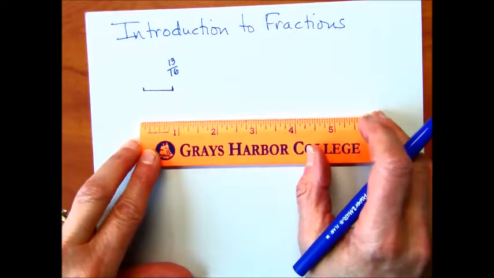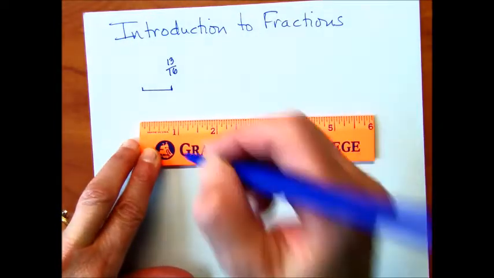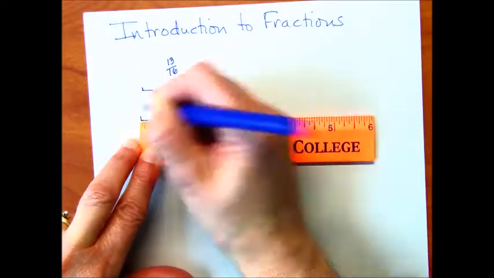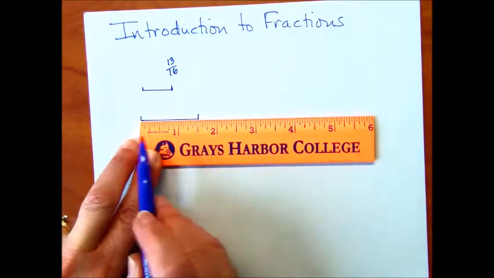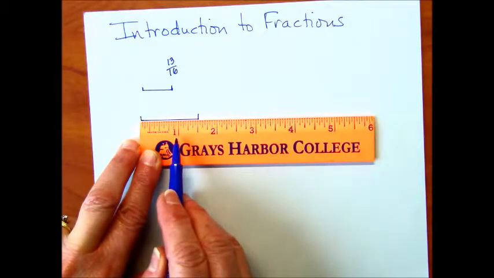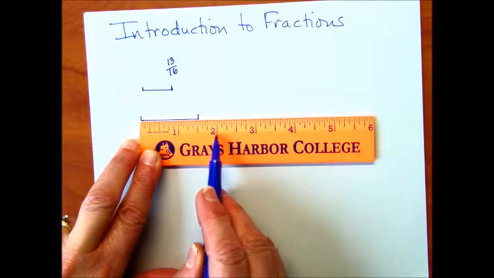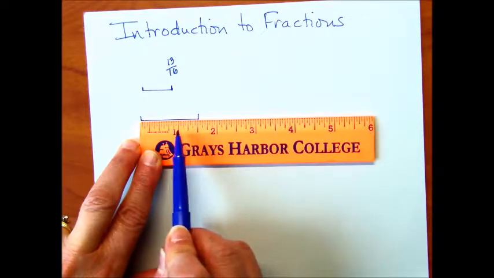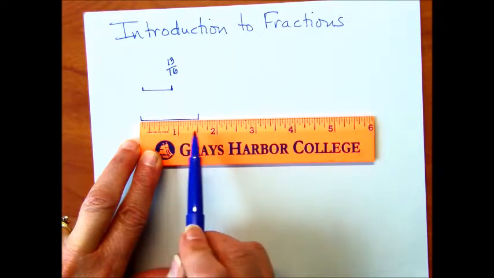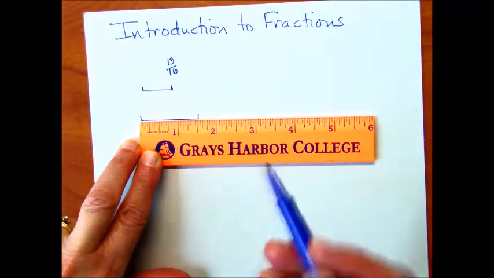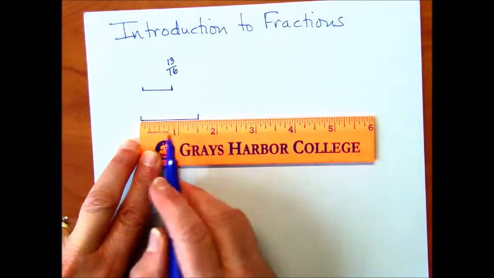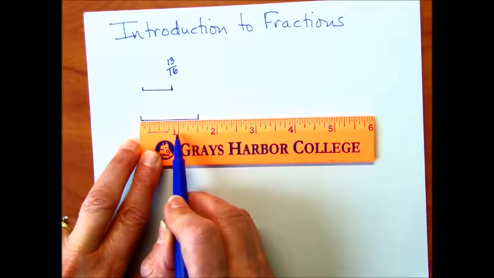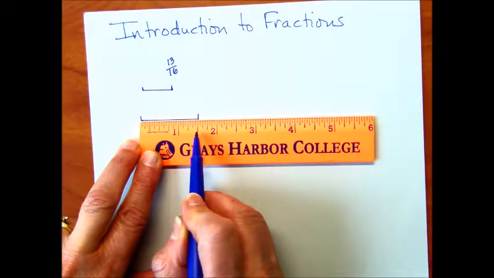So let's move this down and let's draw another line. Let's say that my line represents a space that is more than 1 and less than 2. And so again, fractions can also be written as mixed numbers, meaning they have a whole number attached to a fractional amount.